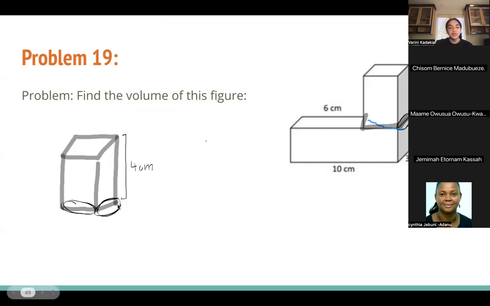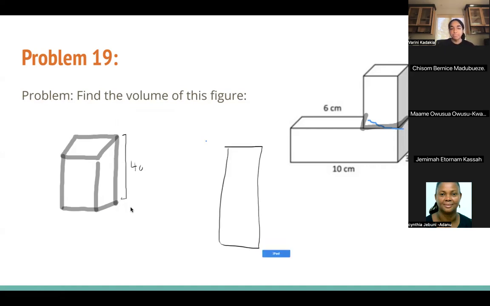Right, so we need to find these two sides, right? So if we look at a side view, so if we orient this model such that we can only see the side of it, it looks something like this, right? If we're looking just at the side.